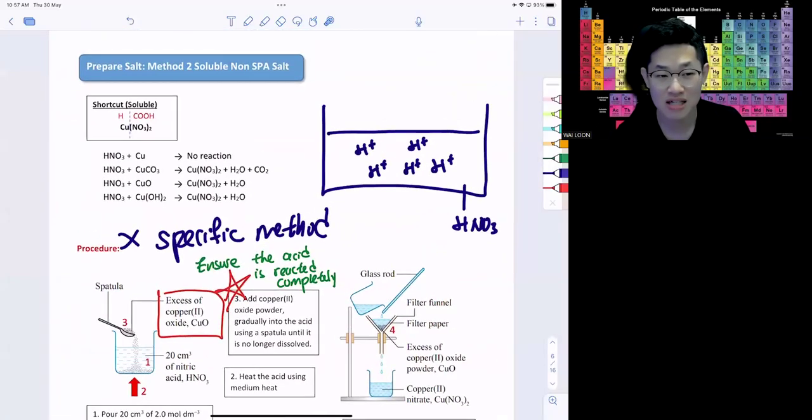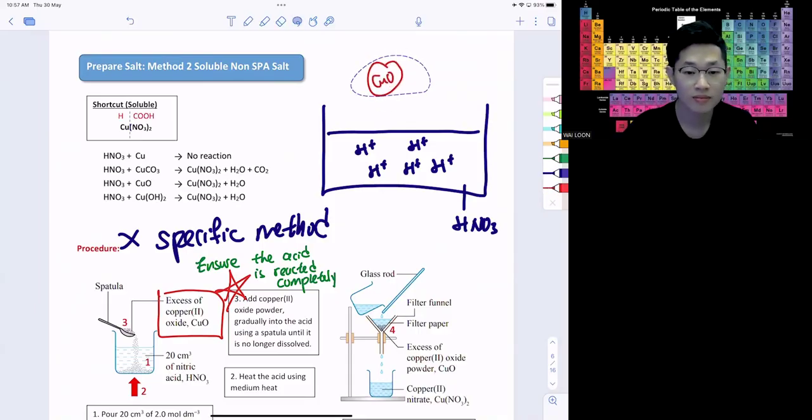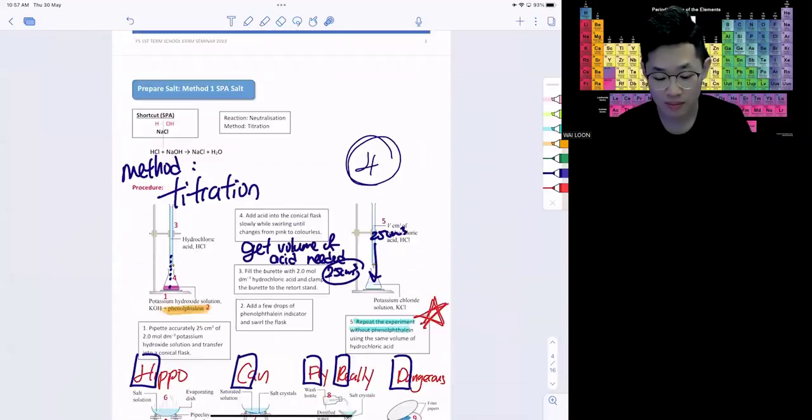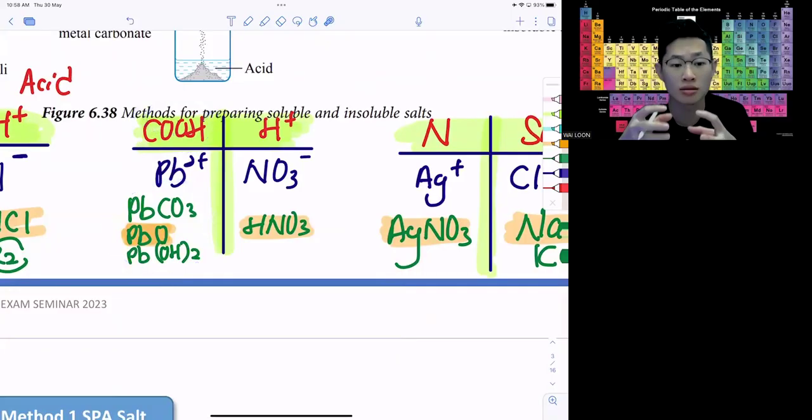So hydrogen ion represents acid. When I add my copper 2 oxide into the acid, the H plus will start reacting. Copper 2 oxide is a solid, guys. The oxides and carbonates are insoluble, so they always exist as a solid.